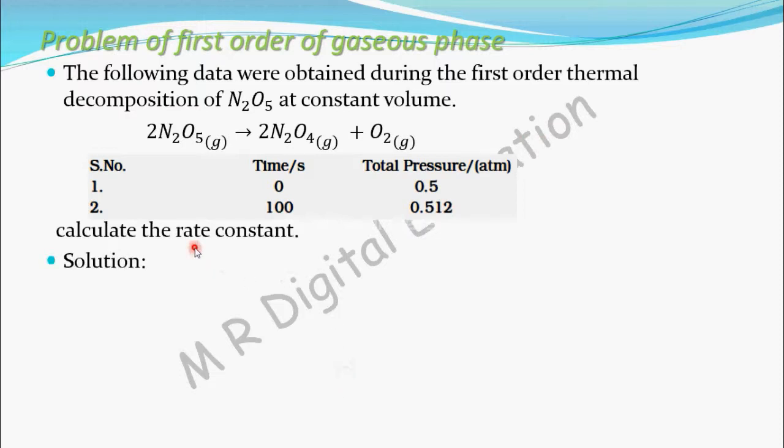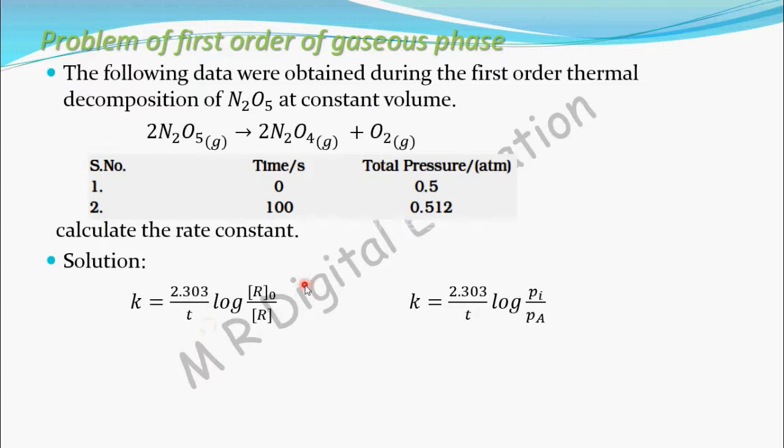See how to find. You know that for a first order reaction, K equal to 2.303 by t into log of R naught by R. Here R naught is the initial concentration of the reactant R, and R is the concentration of the reactant R after some time t.